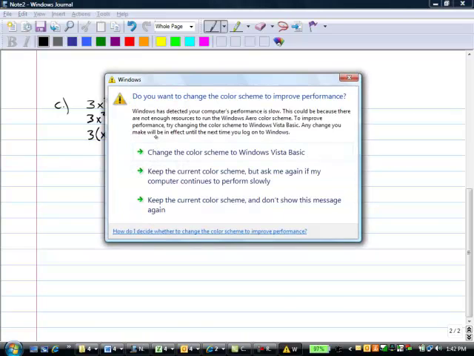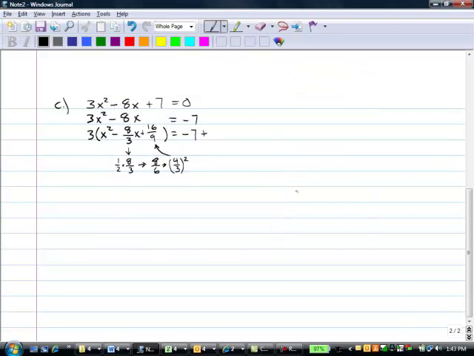The 3 cancels with the 9, so what are you going to end up with down here in the denominator? The 3 and the 9 cancel, you end up with a 3 down there. So I'm really just adding 16 over 3, and that's what I'm going to add over here, 16 over 3. That's exactly right. That's what we're doing.